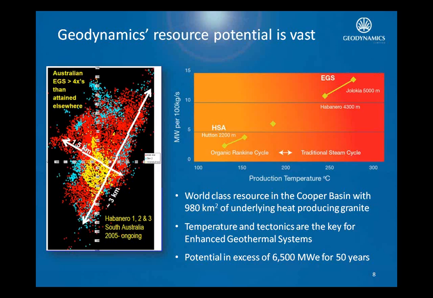And the fracture field, the amount of enhancement in the reservoir that we created through the hydraulic stimulation process from one well in the middle, was a 3 kilometre by 1.5 kilometre field, which is significantly greater than anywhere else that's been achieved in the world.